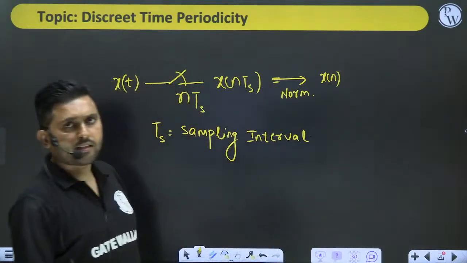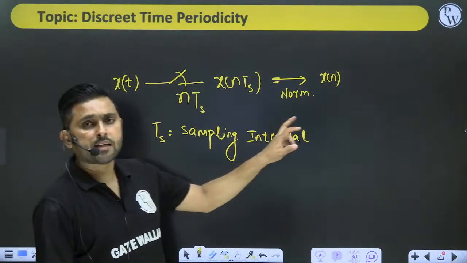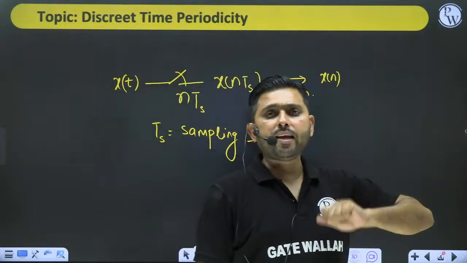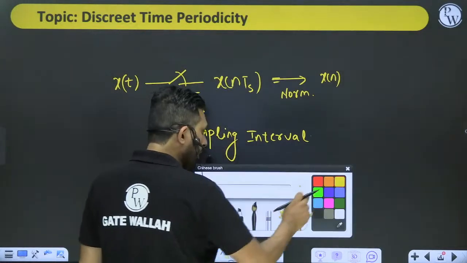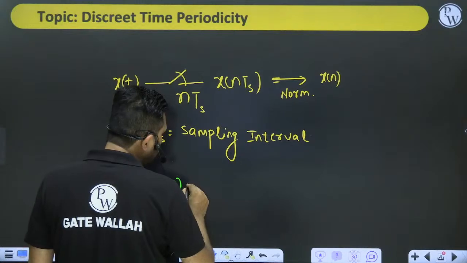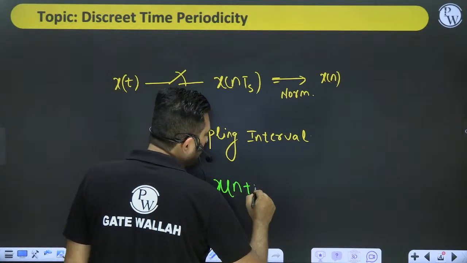The question is, when do you say that this x[n] is periodic? The signal is periodic if x[n] is equal to x[n plus capital N].